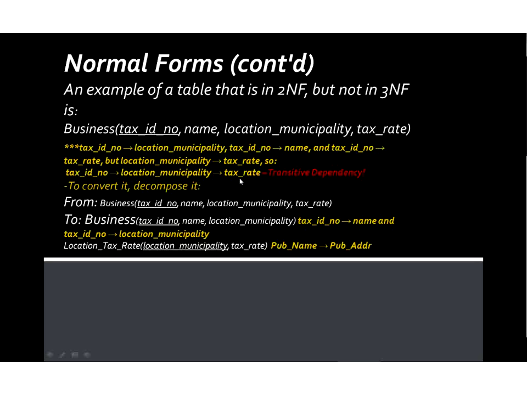So we just break this out. You take location municipality and put it into a separate table. And since it defines tax rate, you also put tax rate in there. So we break these tables out according to functional dependencies.